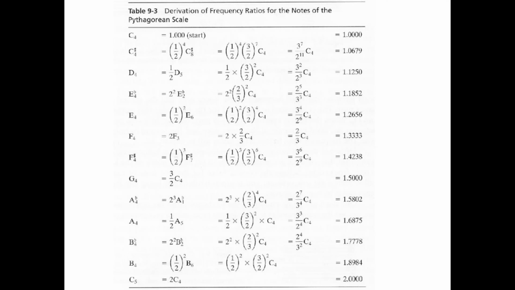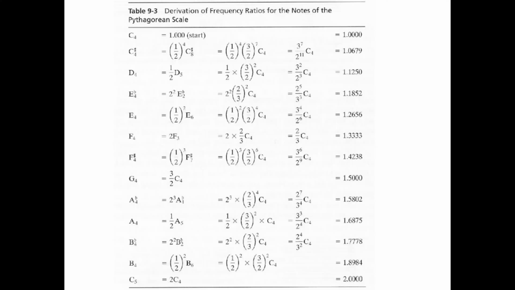I always forget my fifths, and I'm not going to page back through the circle of fifths to figure it out. So if I were to go from E to A, that's 1.6875 divided by that 1.2656. That's actually the fourth. So B flat would be the fifth. So 1.7778. That's probably 7 repeating, but that one comes out.